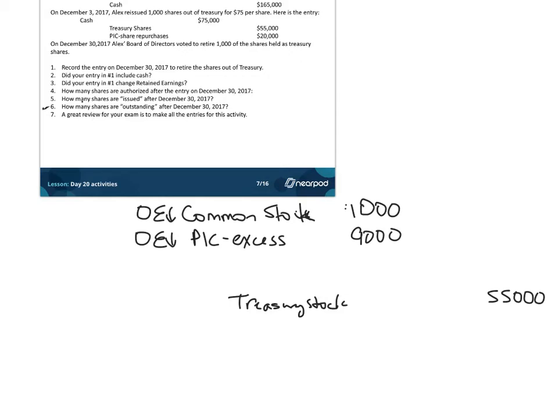That journal entry is not balancing because I've got 10,000 on the debit side and 55,000 on the credit side. So we need to make it balance. We're going to use this paid in capital share repurchase account again.